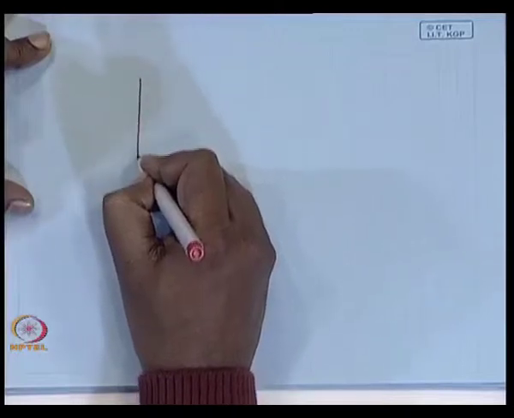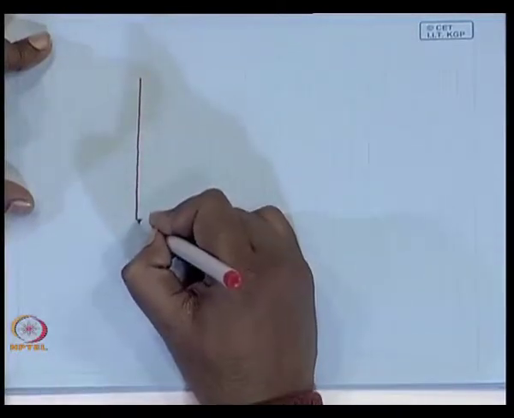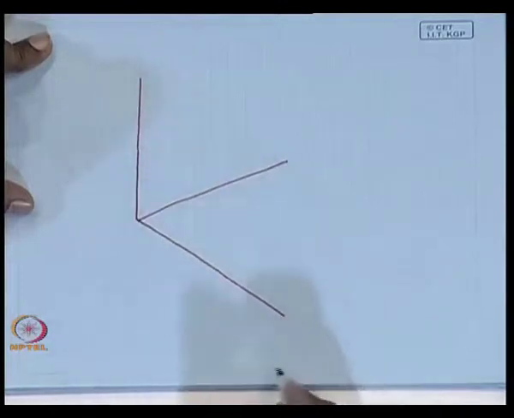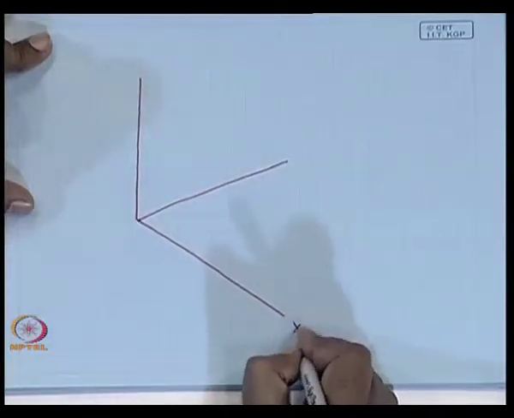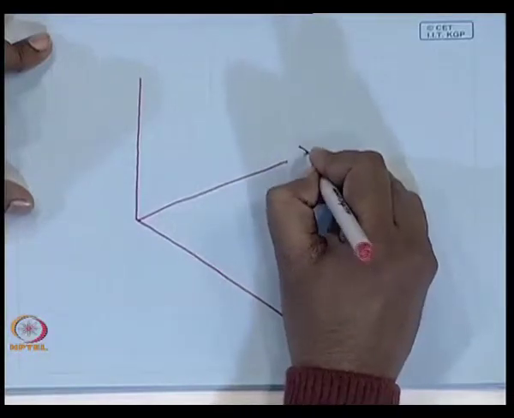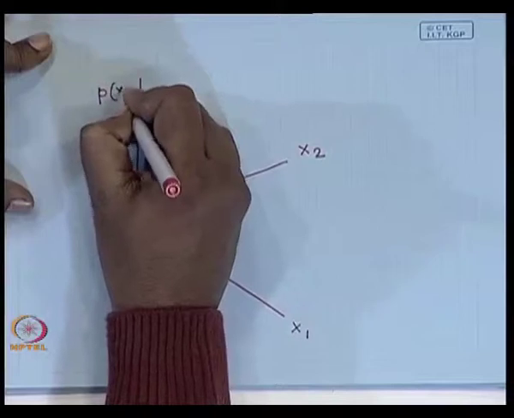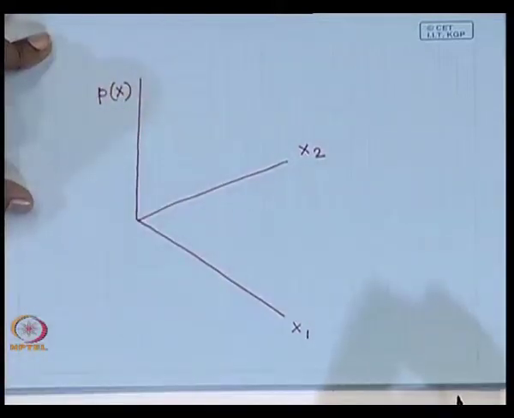So, let me draw this third dimensional space. So, I put x 1 along this direction, x 2 along this direction and p x along this direction. Okay.